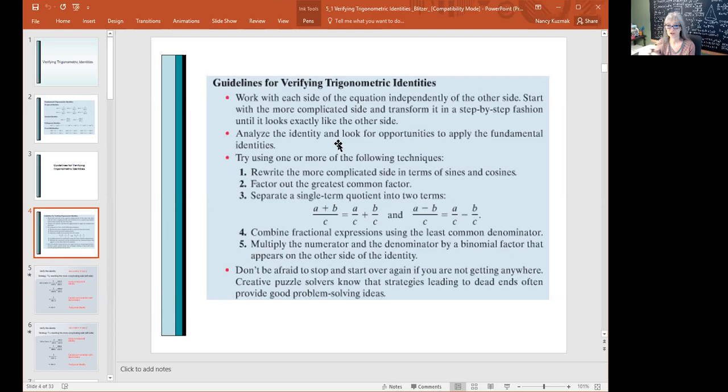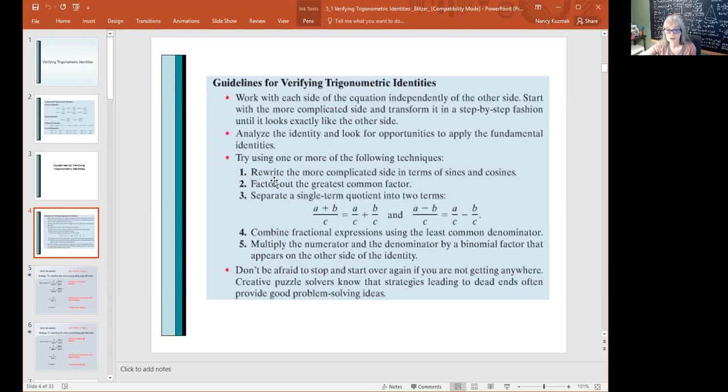So if you had some expression that was equal to, let's say, the cosine squared of x, then you would want to work on the left-hand side, because it's hard to make something simple look difficult. It's easier to take something difficult and make it look easy, all right? And then we're going to have a couple of things at our disposal.